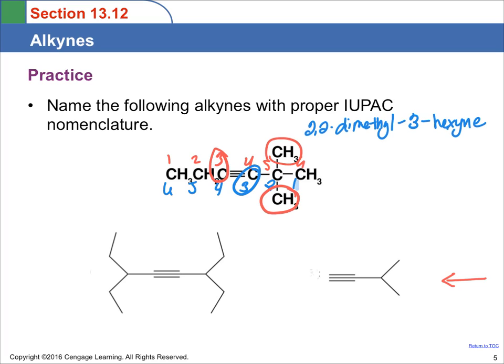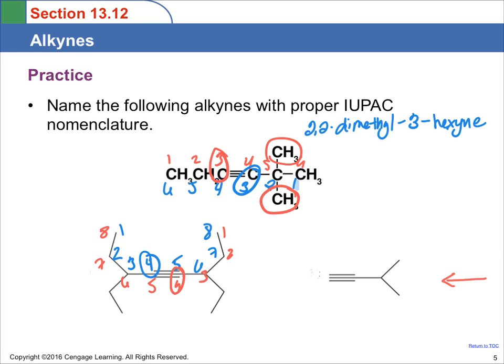For the next option, now you could have numbered up this arm and down this arm, or any combination. Either way, you're going to come up with 8 carbons. If we go the other direction, we will find that in both cases, our triple bond starts on number 4.